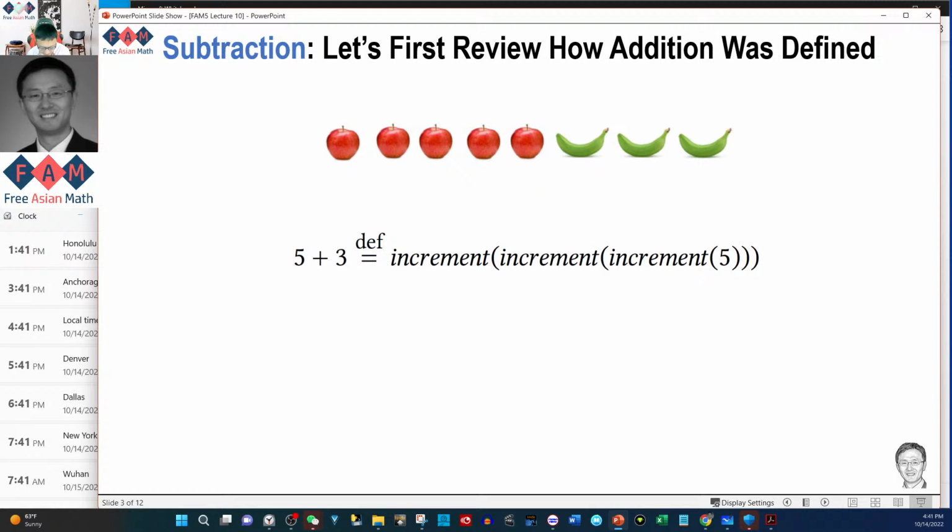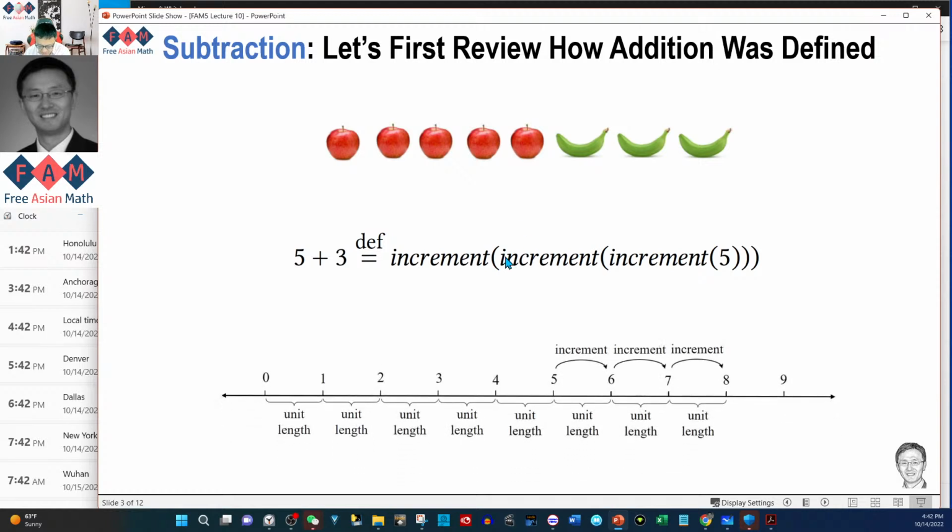That's how we define it mathematically. 5 plus 3 defined as increment on 5, then increment again, then increment again. Now we know that's just 5 plus 1 plus 1 plus 1. Okay, so on the number line, it looks like this. We start at 5, increment, increment, increment, and that gives us 8.